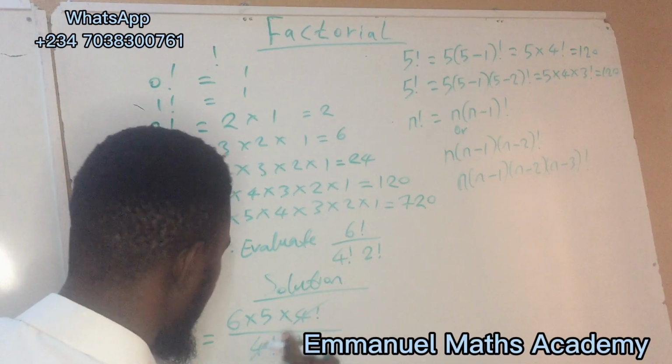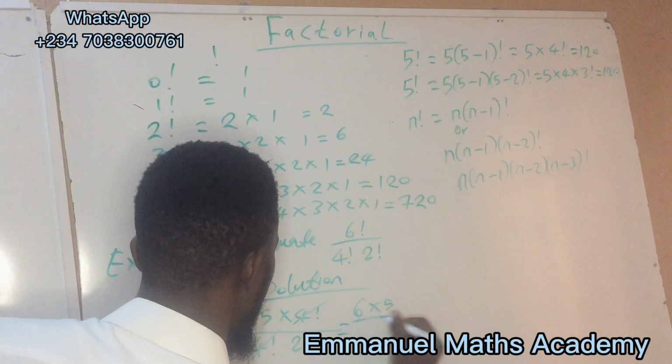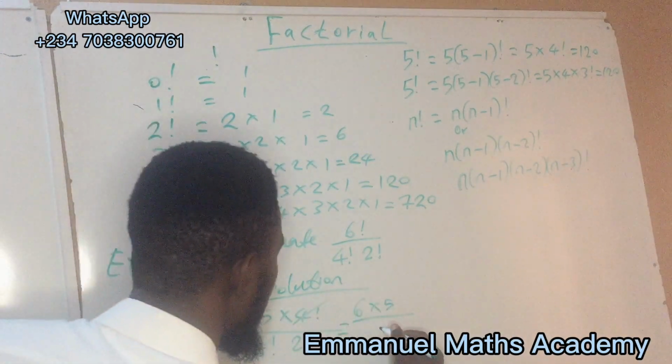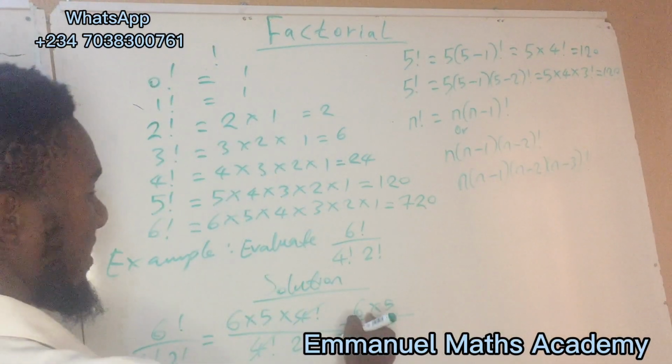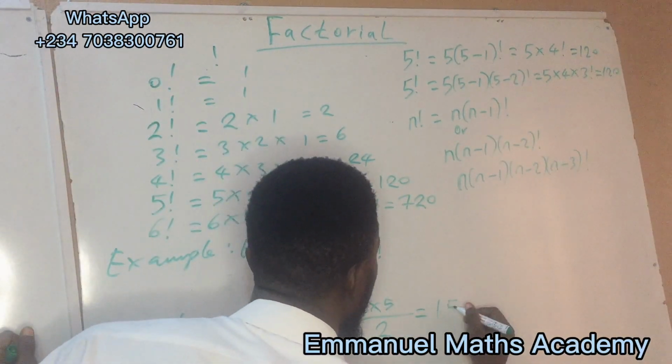Then 4 factorial will cancel 4 factorial. We have 6 times 5 over 2 factorial. What is 2 factorial? 2 factorial is 2, right? 6 times 5 will give you 30. 30 divided by 2 will give you 15.